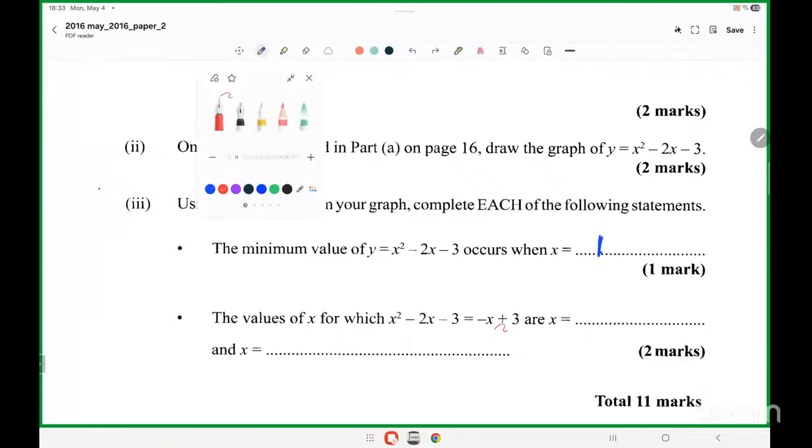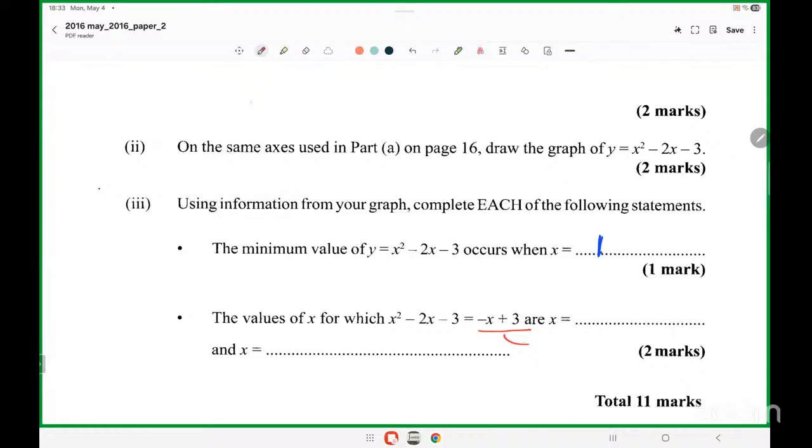This part comes from the line: x plus y equals 3, which means y equals minus x plus 3. And this part of it is from the curve.